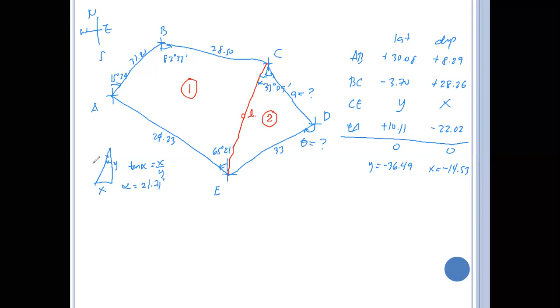Then, of course, to determine the length of the closing line, we can use the Pythagorean formula. So, c squared equals x squared plus y squared. So, the length of the closing line, this will give us 39.28 meters. Okay. So, we can now isolate this second area.